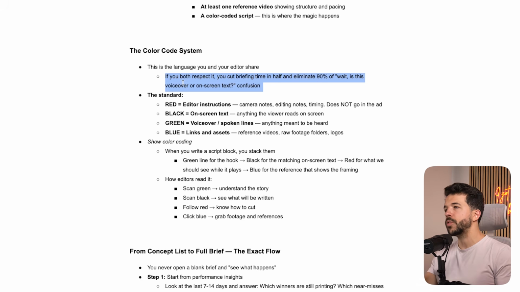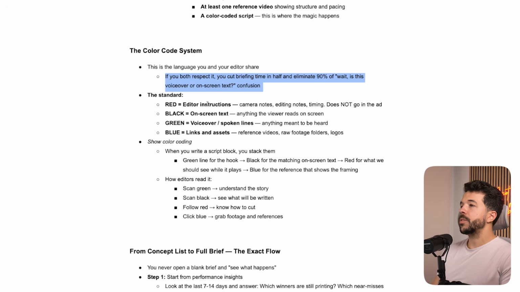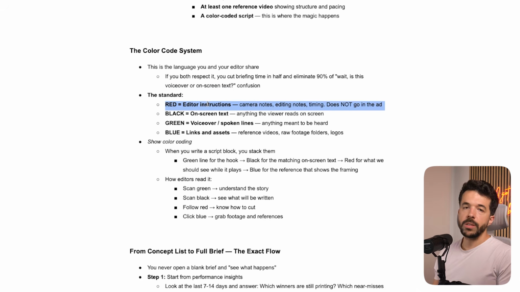Hey, this is on-screen text. This is a voiceover. These are links. You know it. And they know it. So if you both respect it, you cut briefing time in half and eliminate 90% of confusion. The standard we use, you can do your own. You can change the colors, you can change the meaning, you can do whatever you want. This is between you and your editors.